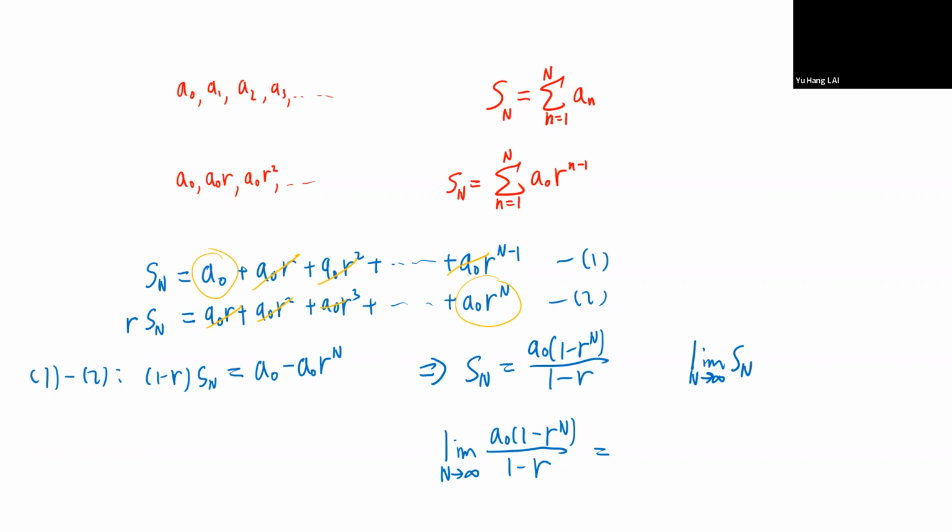If the magnitude of r is smaller than 1, then r to the n will be 0. But if the magnitude of r is greater than 1, then this series will just go to infinity.